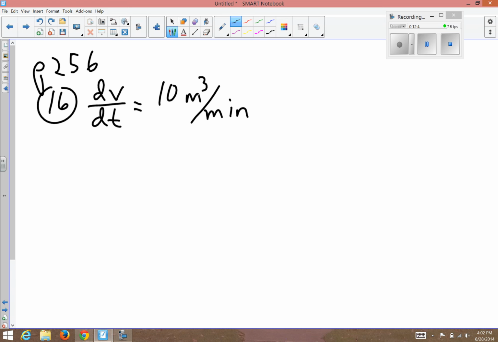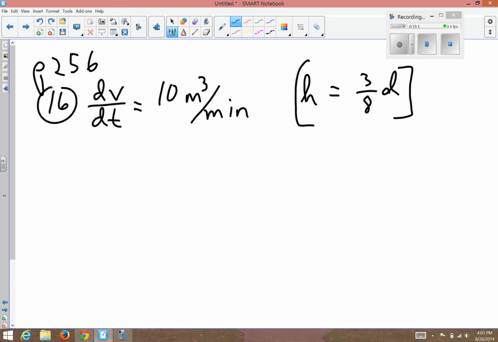The top is cubic meters, the top is a V. The bottom is minutes, so the bottom is a T for time. The height of the pile is always 3/8 of the base diameter. The height of the pile is always 3/8 of the diameter. That's given information.